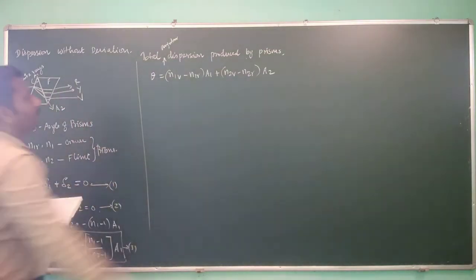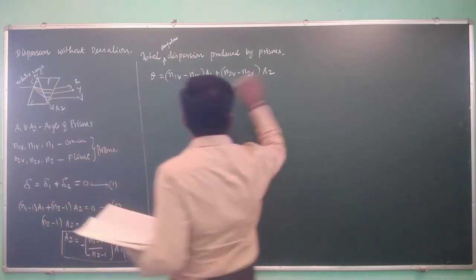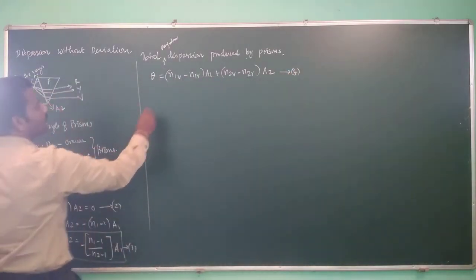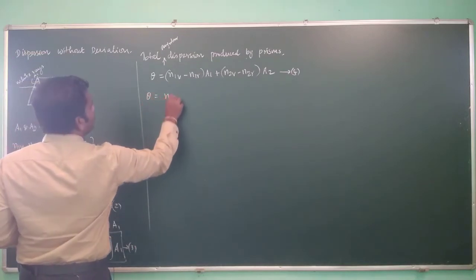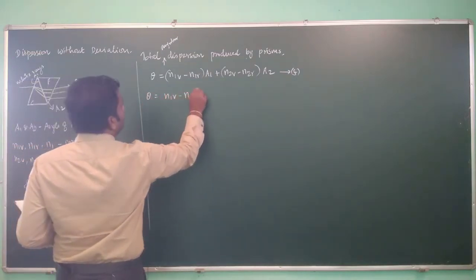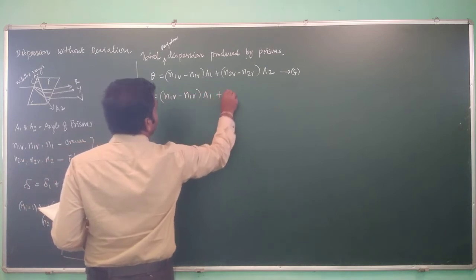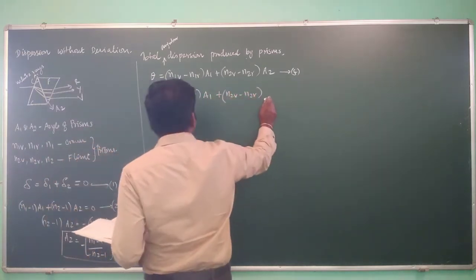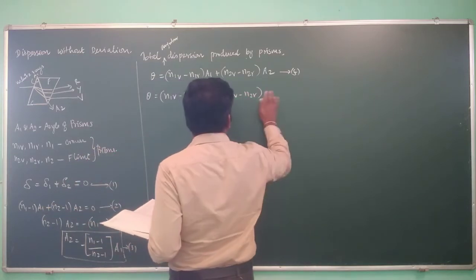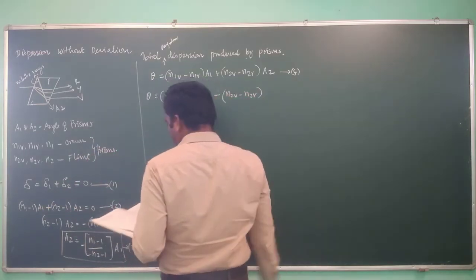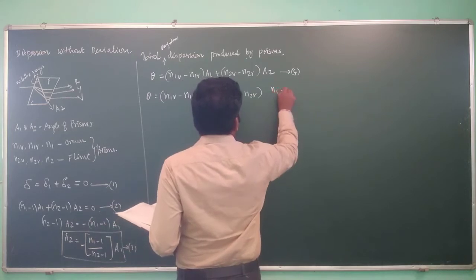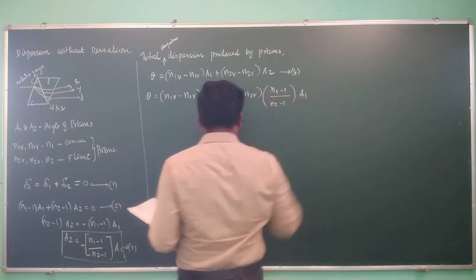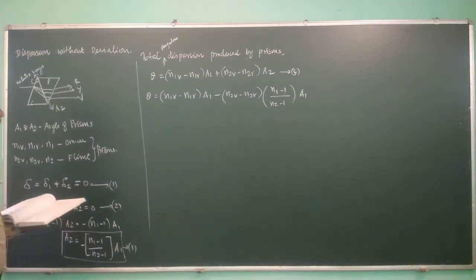Fine. But we have an equation for a2 in equation 3. This is equation 4. Substitute equation 3 into equation 4, and you will get theta equal to n1v minus n1r multiplied by a1 plus n2v minus n2r multiplied by minus of n1 minus 1 by n2 minus 1 multiplied by a1.